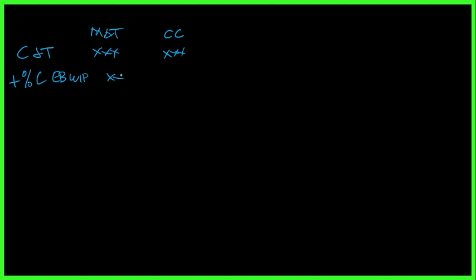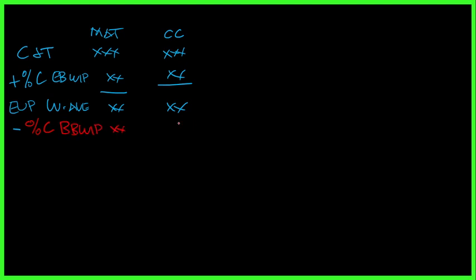Okay? And you will now have the equivalent units of production for weighted average. And then from there, you deduct the percentage of completion for the beginning balance of our work in process. And you will now get the EUP for your first in, first out.